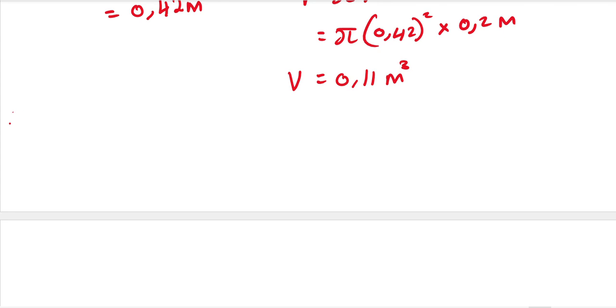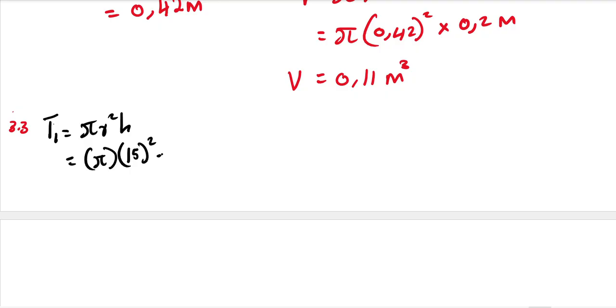Here is 3.3. Let me use the black pen. Our volume number one: let's substitute. T1 is pi r squared h, so pi, our r is 15 squared, multiplied by our h, 0.2. That is the volume of the first cylinder or the first base.